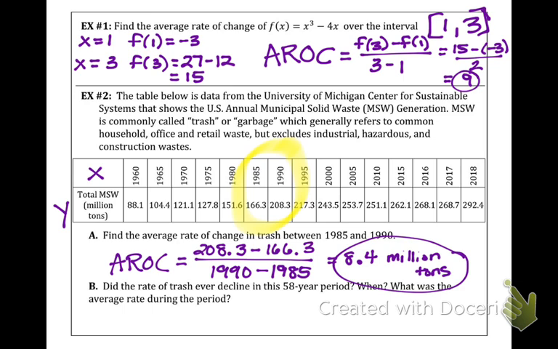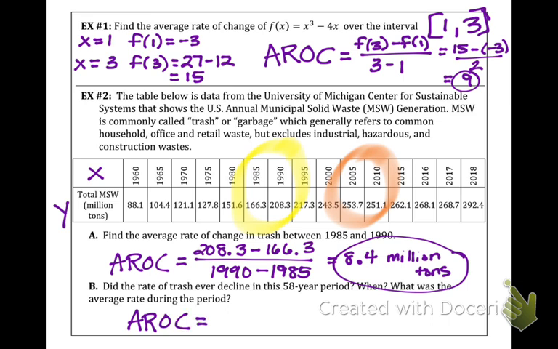For part B, we're asking whether the rate of trash ever declined in this 58-year period. Does anybody see a decline anywhere? Looks like, right here, 2005 to 2010, we have a decline happening. So let's figure out how much it declined by. So let's find the average rate of change or the slope within that interval.